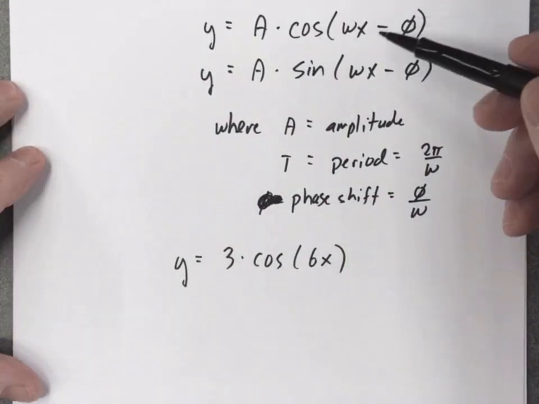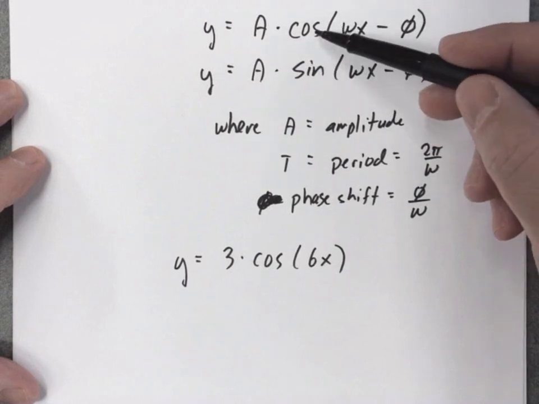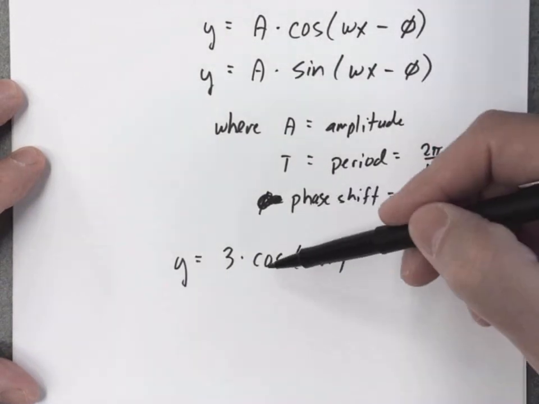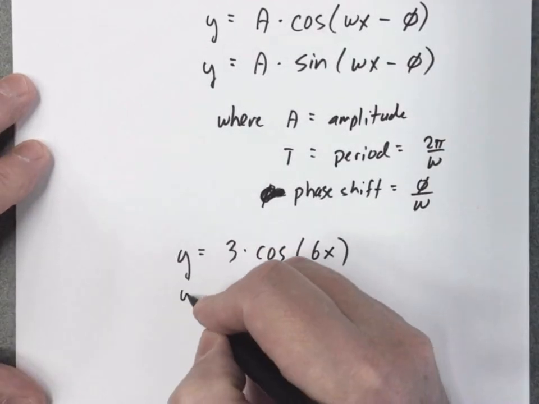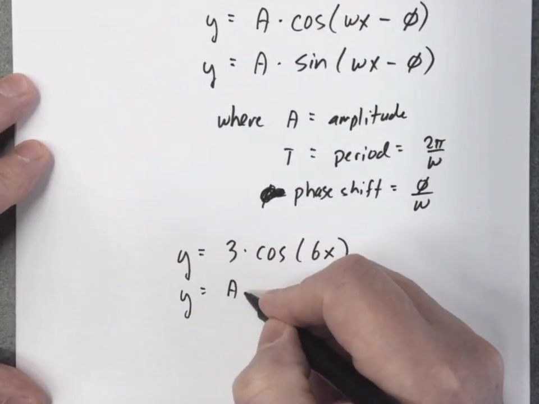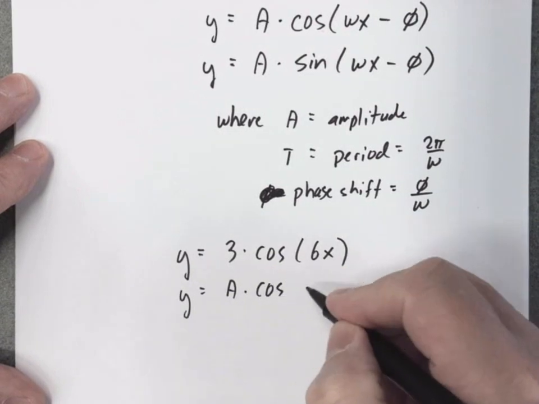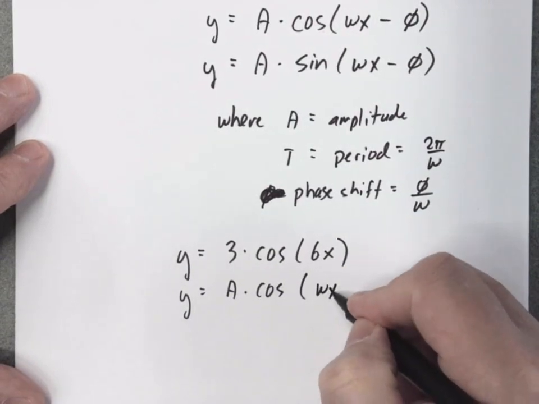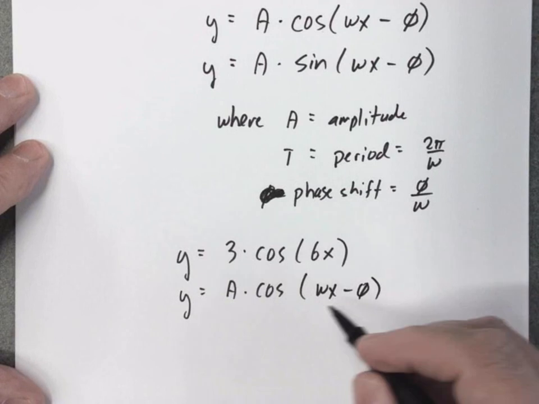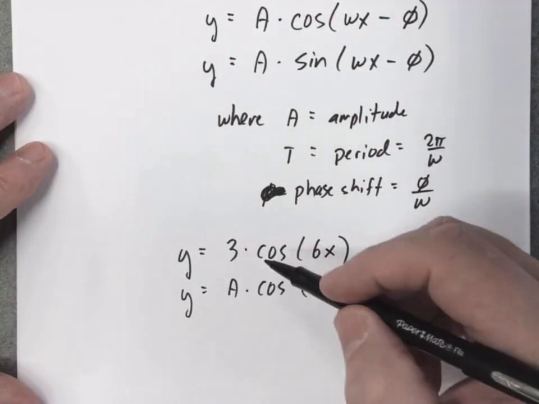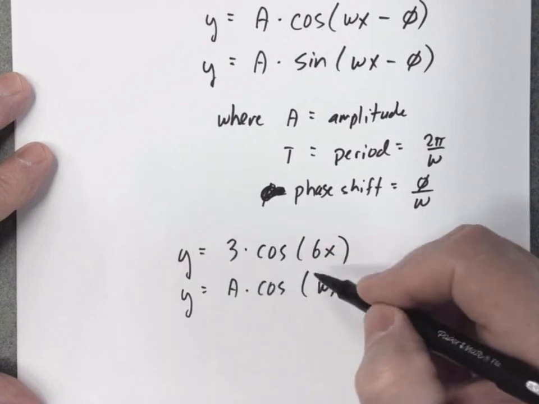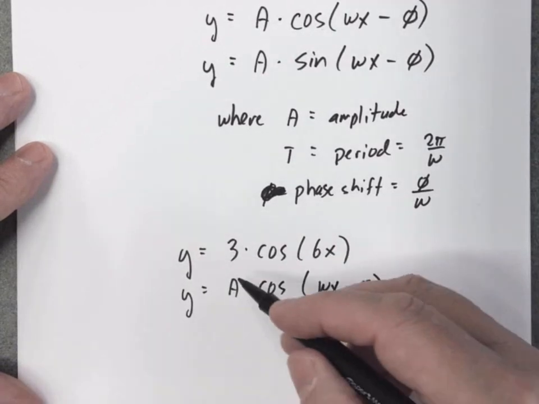What you always have to do is, whichever one of these equations you're using, in this case a cosine, you line up what I call the standard equation with the equation you're given, and then you determine what each of these parameters is equal to.